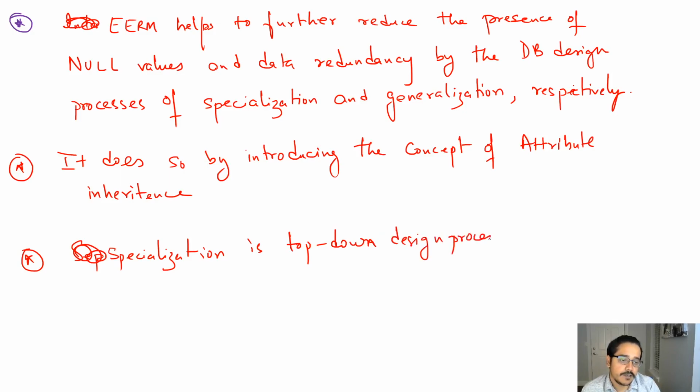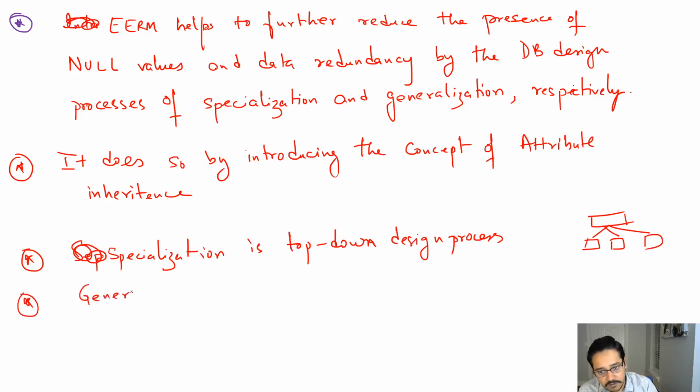What that means is that we start with a single entity and then we break it down into smaller entities. And generalization, of course, is a bottom-up design process.